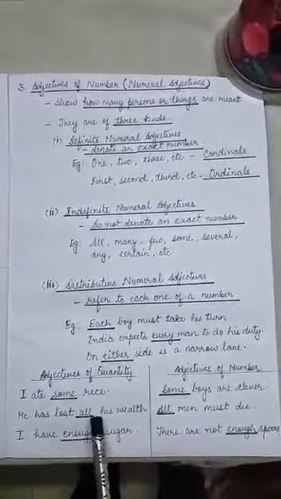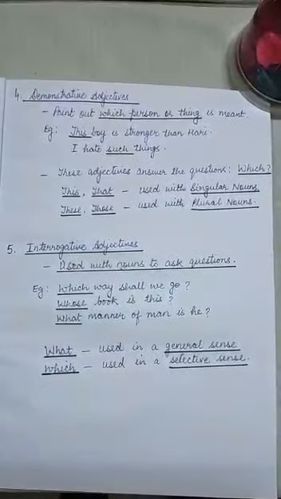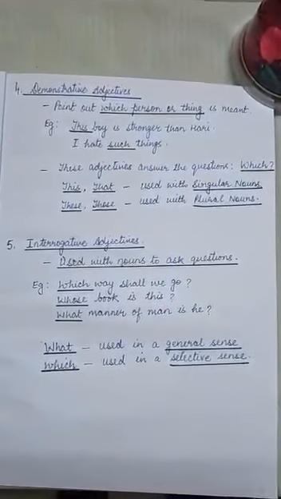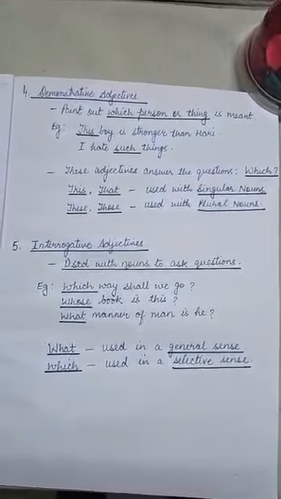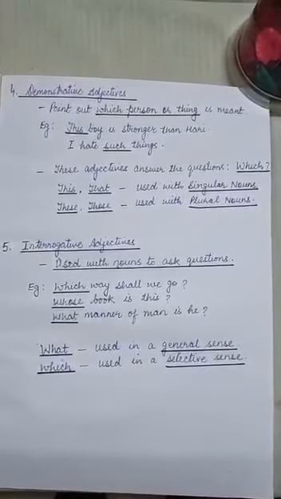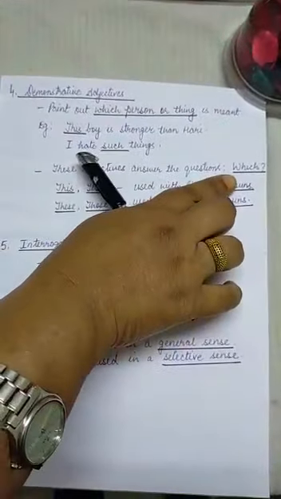Now here we have to see that this and that are used with singular nouns, and these and those are used with plural nouns. One more thing, dear children: this and these indicate something near to the speaker, and that and those indicate a more distant object. So basically, what we have learned is that demonstrative adjectives answer the question which.